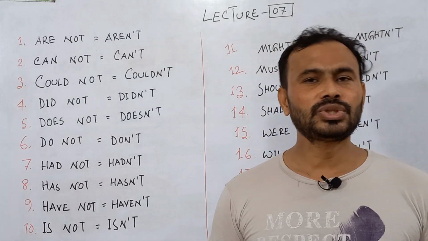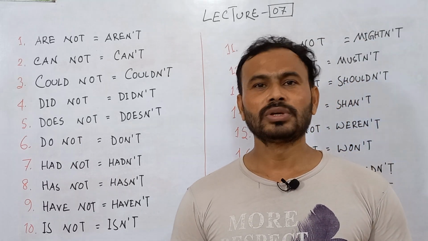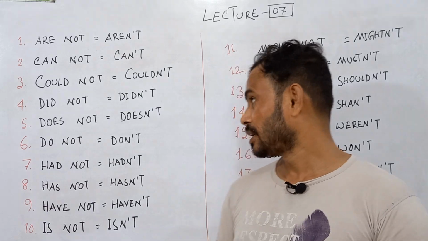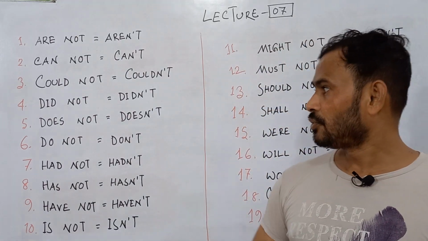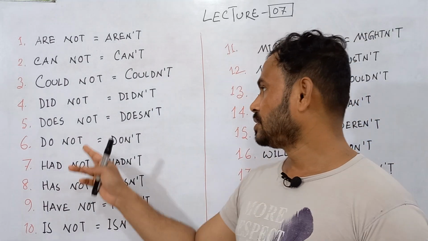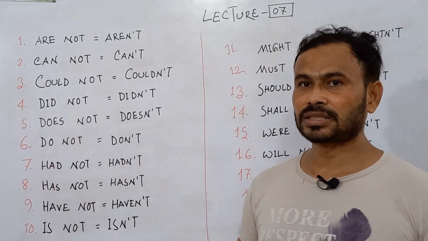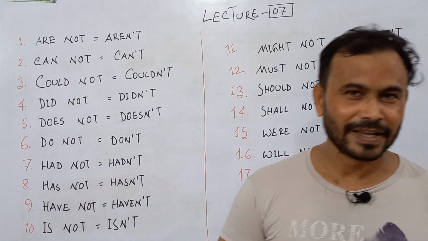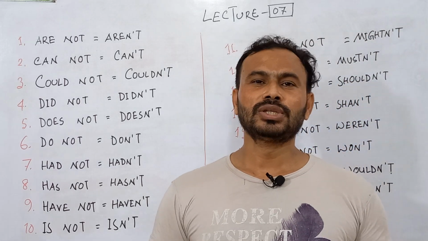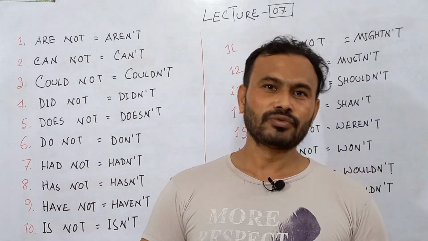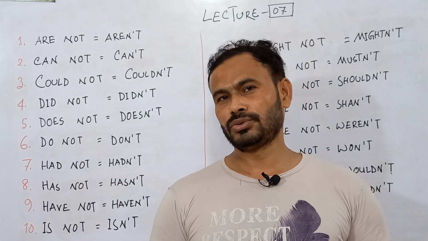If we use the contracted form of do not, we can say, I don't do this work.